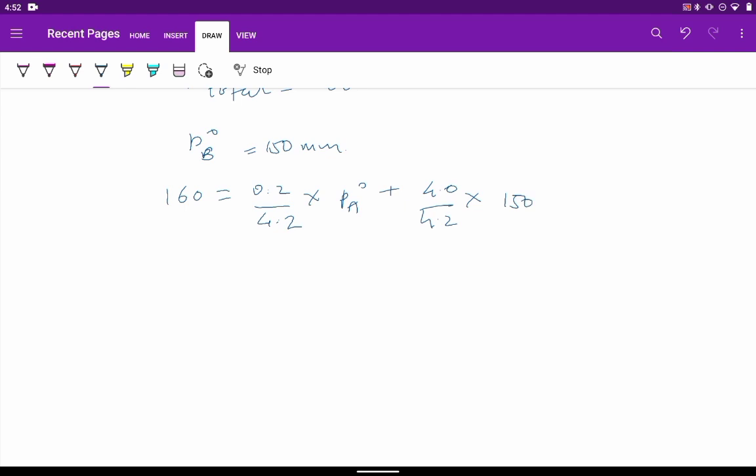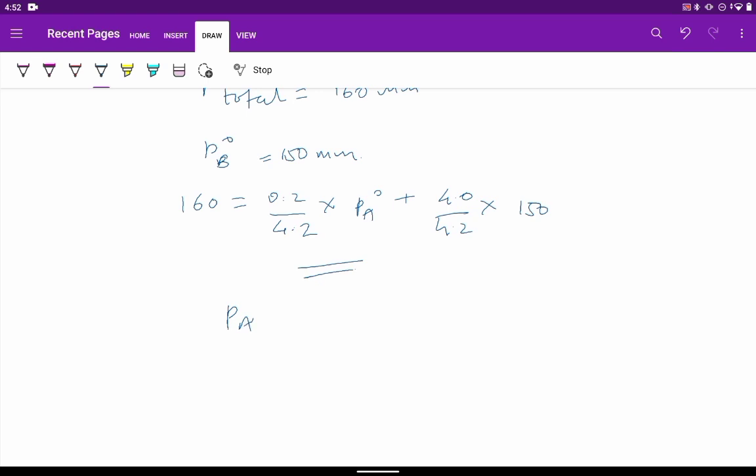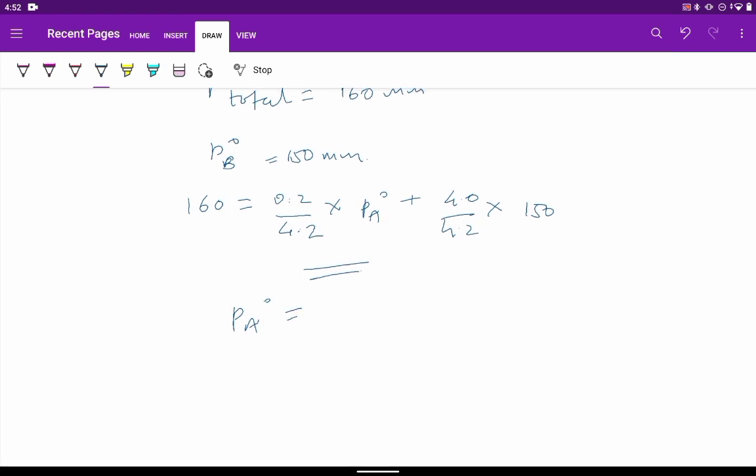We can just calculate using this formula. On calculation we find that PA naught comes out to be 360.15 mm.